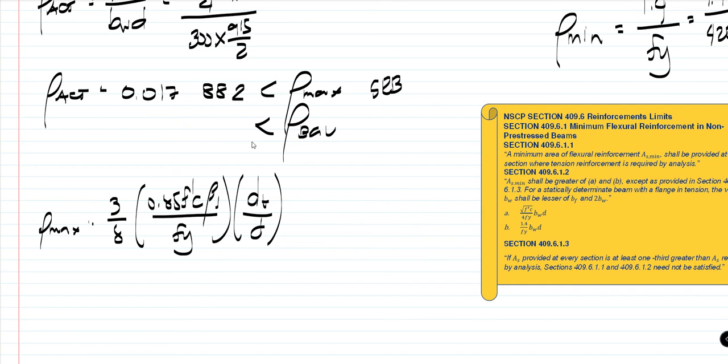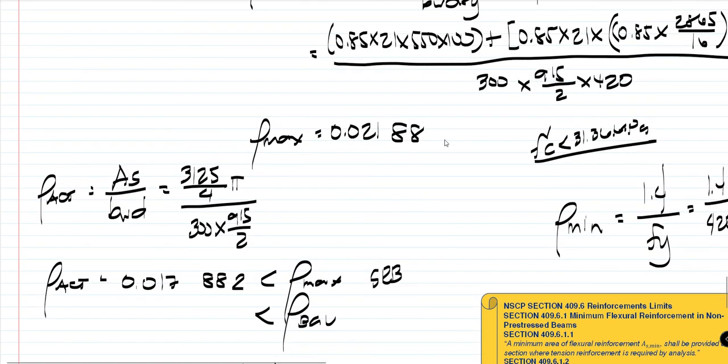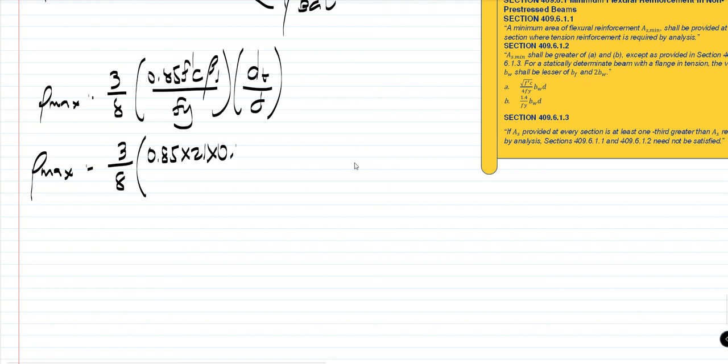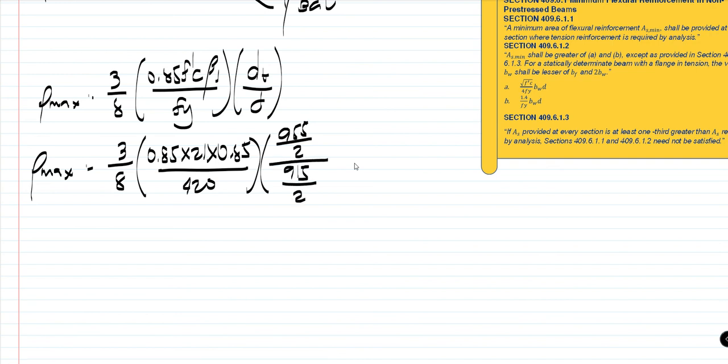So, kung ikakalculate natin sa kanya dito, makikita niya na mas mataas yung value nito. So, that is rho max is equal to 3/8 times 0.85 times 21 times 0.85 times fy is 420 times yung dt niya, which is 955 over 2 divided by 915 over 2.